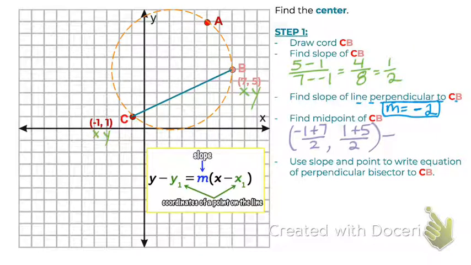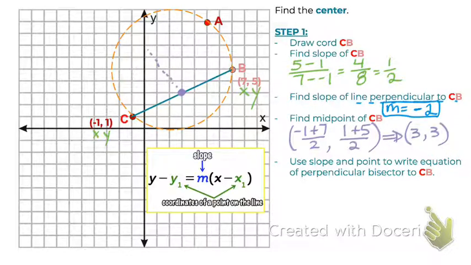So when I simplify that, -1 plus 7 is 6, divided by 2 is 3. 5 and 1 is 6, divided by 2 is 3. So this is my midpoint. If you look at the graph, if we go over 3, up 3, you can see this is the middle of the segment CB, and then this is the line that is perpendicular to it.